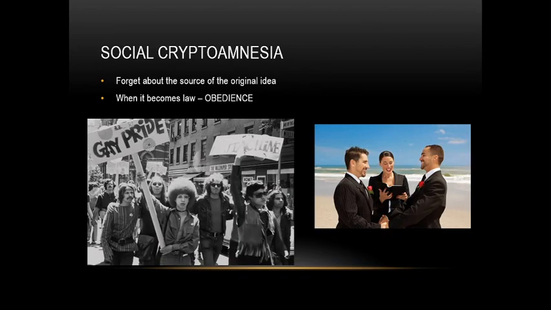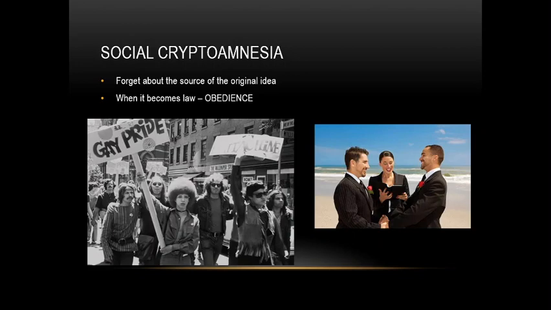Social cryptoamnesia is another process, and this is the idea that when we're looking at something that people are campaigning about, over time people forget the source of the original small group that started campaigning about it, that might have been quite unpopular.